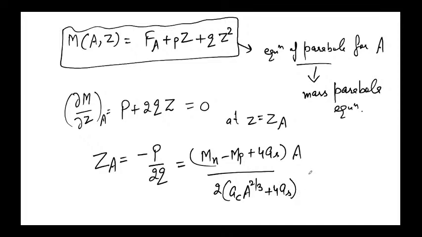So when we put all these constants, the asymmetry constant and the Coulomb constant, from that we derive a relation between Z and A, that is Z equals A over 1.98 plus 0.015 times A^(2/3).